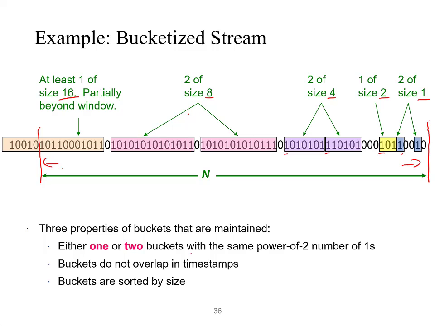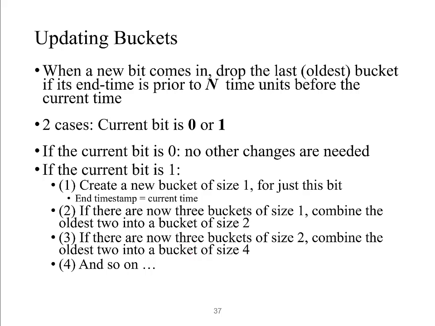The reason that we have this number of rules is that they serve two purposes. One is for updating the buckets, and the other is for the estimation. Now let's look at each of them. For updating the buckets, when a new bit comes in, just remember each time we will only have one bit coming in, we drop the last bucket if its end time is prior to n time units before the current time.